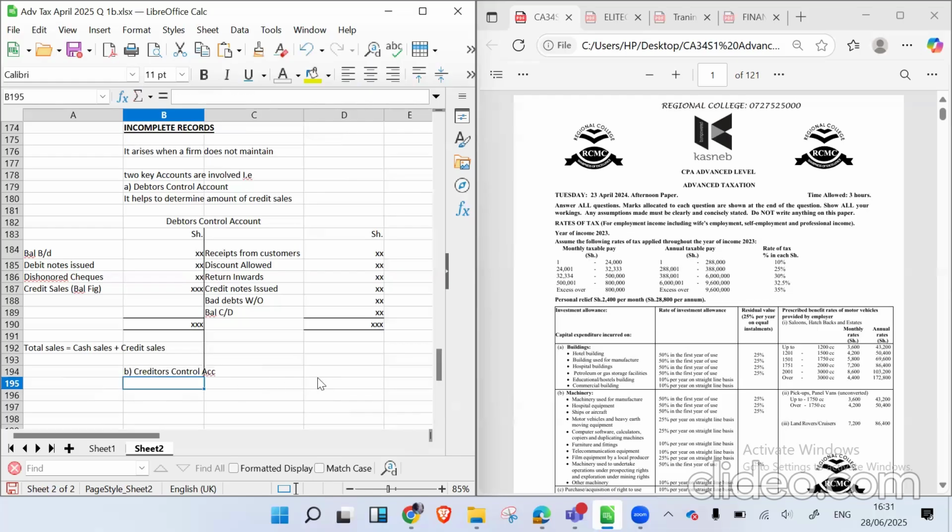The creditors control account helps to determine the amount of credit purchases.